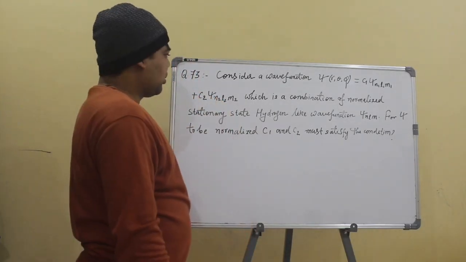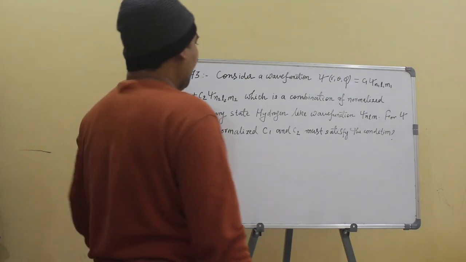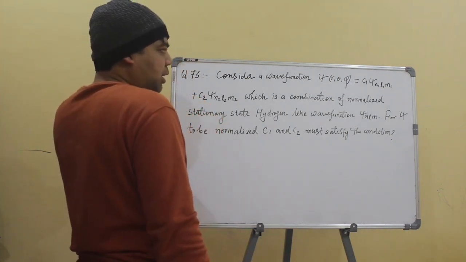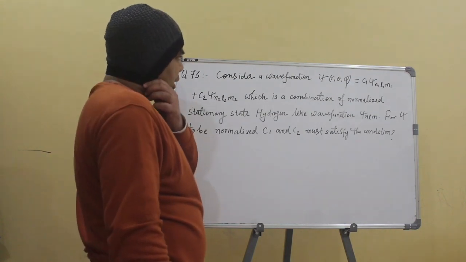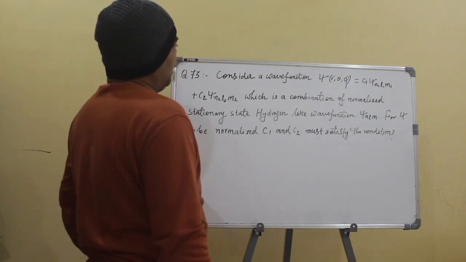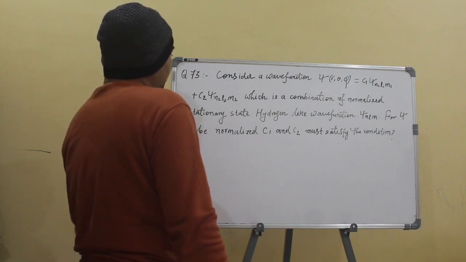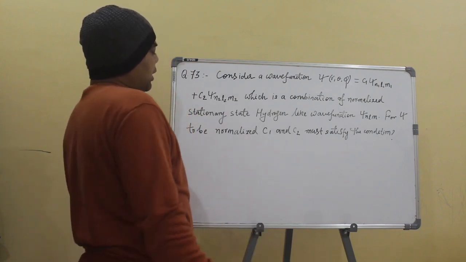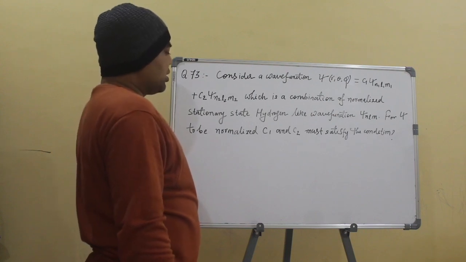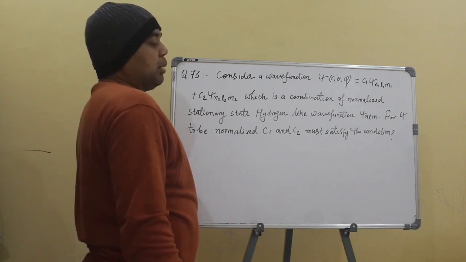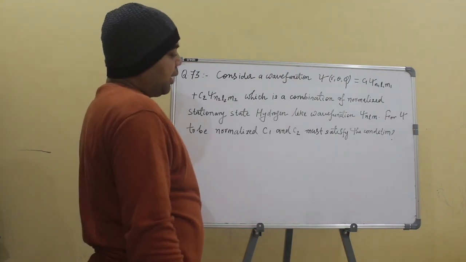Let us take this problem number 73, which says: consider a wave function psi(r, theta, phi) equals C1 psi_{n1 l1 m1} plus C2 psi_{n2 l2 m2}, which is a combination of normalized stationary state hydrogen-like wave functions psi_{nlm}.